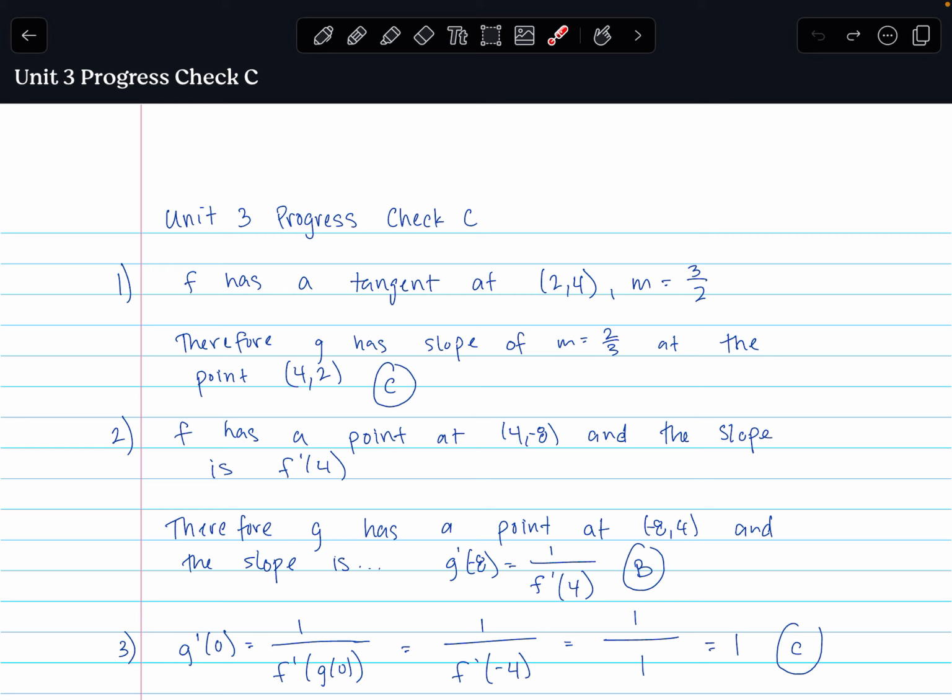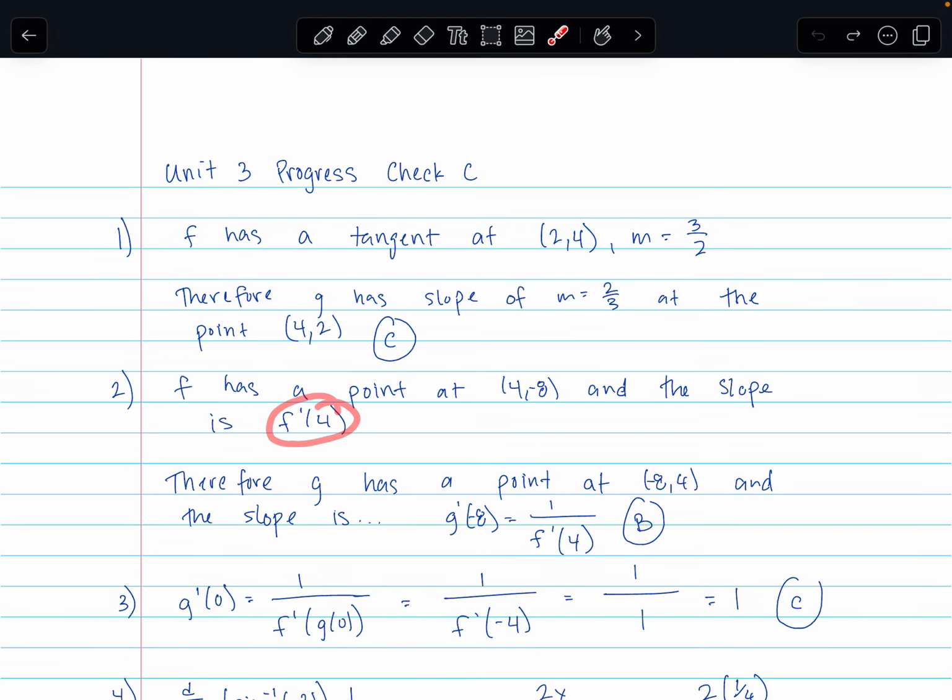It just uses the notation for the derivative, I guess you can say. So it says f of 4 is equal to -8. So f has a point at (4, -8), and the slope then is f prime of 4. I don't actually need this value though, because the answers don't actually define what the value is. They just say f prime of 4.